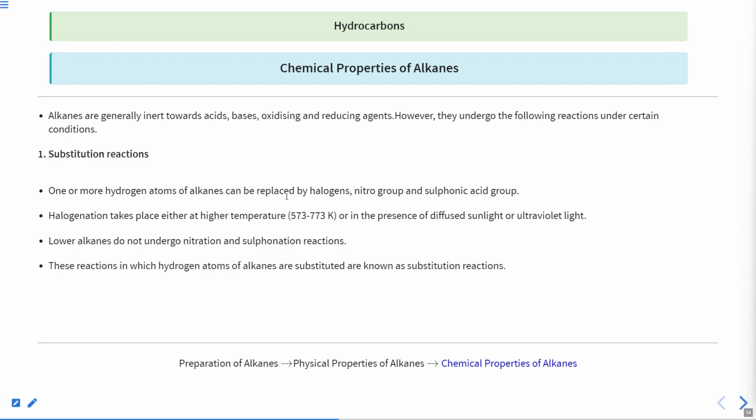So next, let's talk about the chemical properties of alkanes. They are very inert in nature. They are very less reactive towards anything.